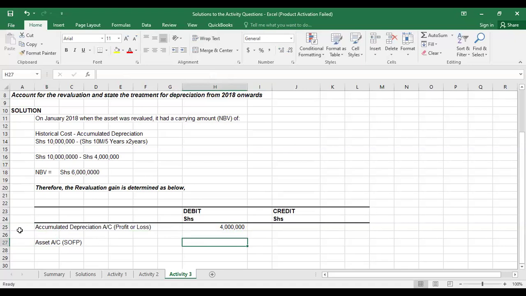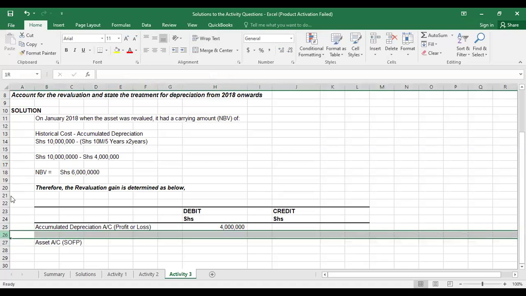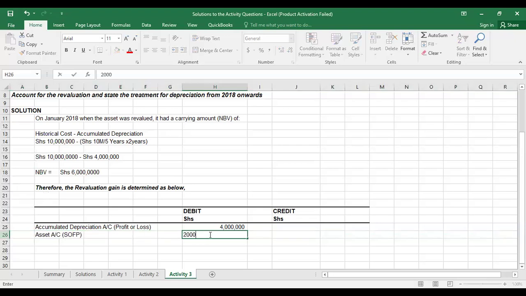It will be 2 million, because it's an asset. It has also a normal debit balance. Then the revaluation surplus account in our other comprehensive income.